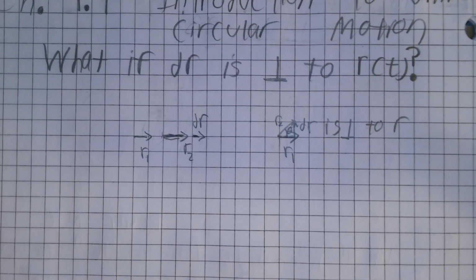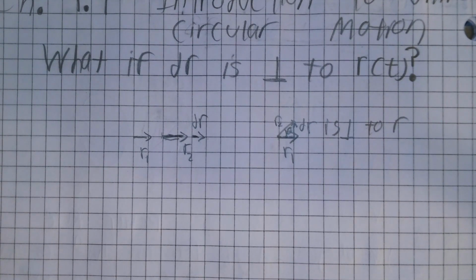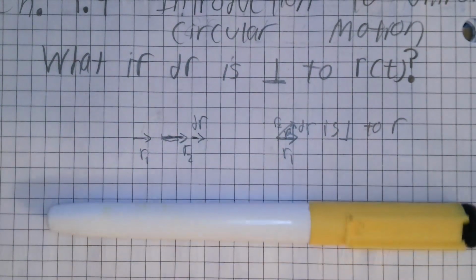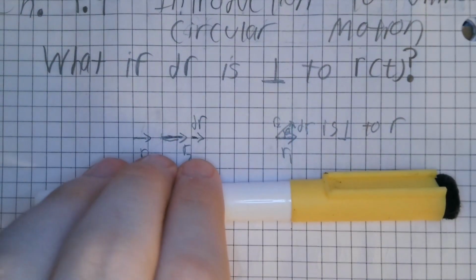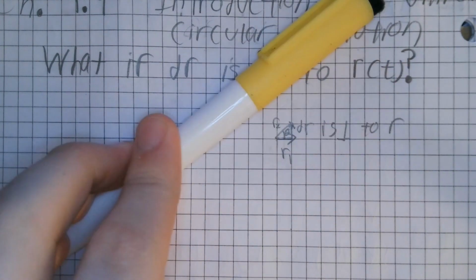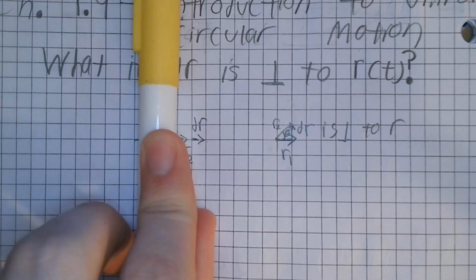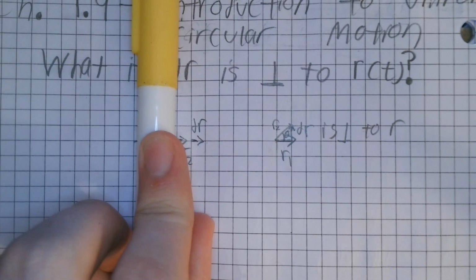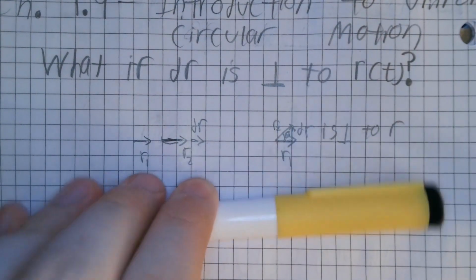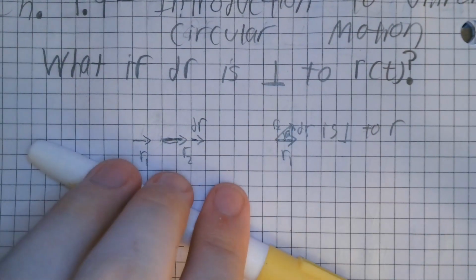So just to show you what that might look like really fast, I'm just going to use the marker as a vector again. And I think it's best for you to see this instead of having me draw it out. But you can see that over time, if we keep having a perpendicular change in r, just the direction is changing. I can't change the length of this marker at all.